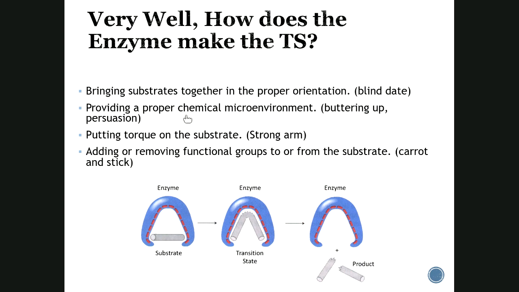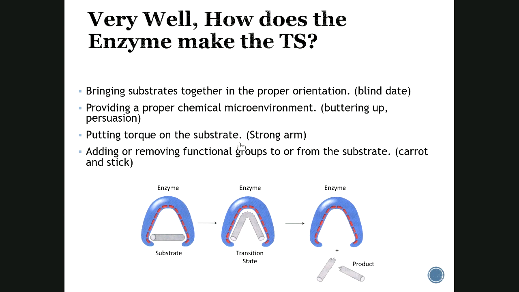Sometimes you just provide the right chemical microenvironment. It's like saying, hey, why don't you come here? It's like luring a kid in a van with candy or something like that. You butter them up, use persuasion, bring them in: here are some ideal conditions, come here and I will help this happen. You can put some torque on it, be the strong arm.